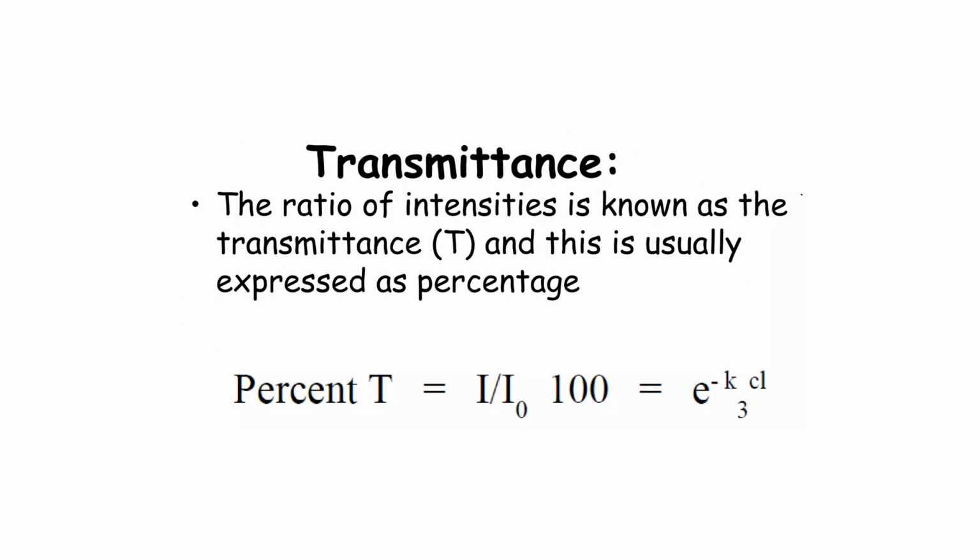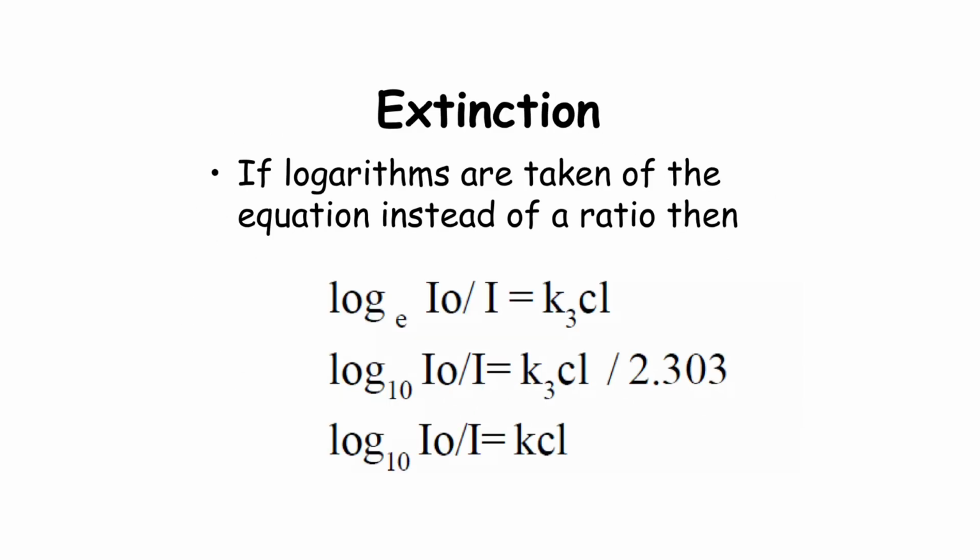So because it's in percentage, which is e power minus k3 c L. And then if logarithms are taken of the equation on both sides instead of a ratio, then log e I0 divided by I is equal to k3 c l, and log 10 I0 by I is equal to k3 c l divided by 2.303. So log 10 I0 by I is equal to k c l.